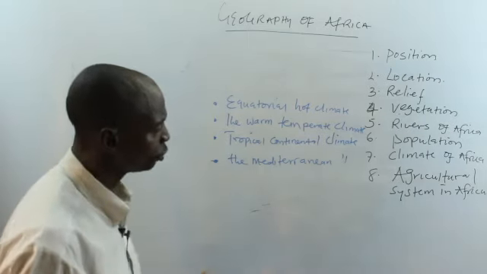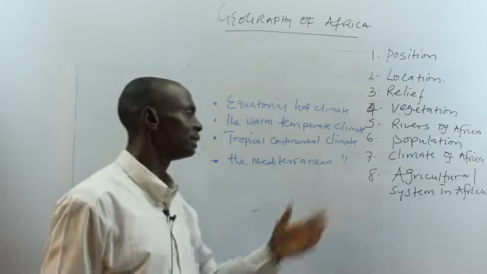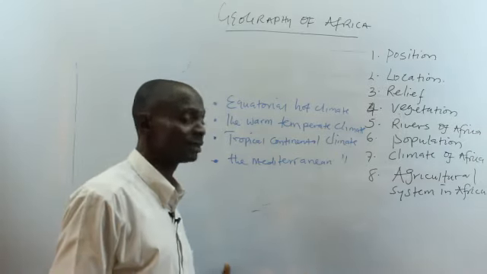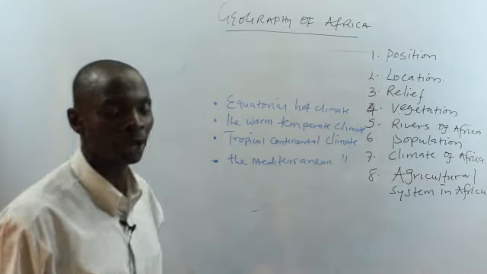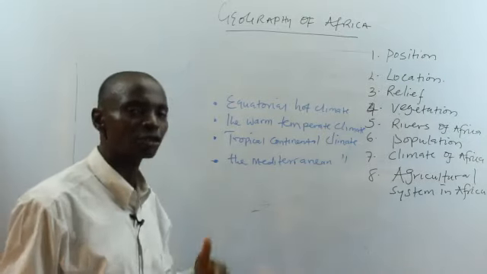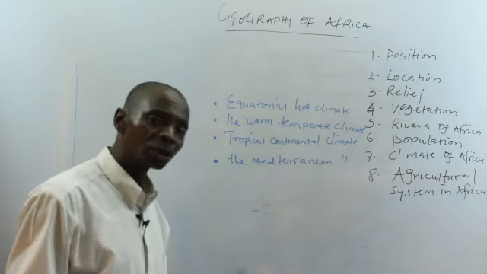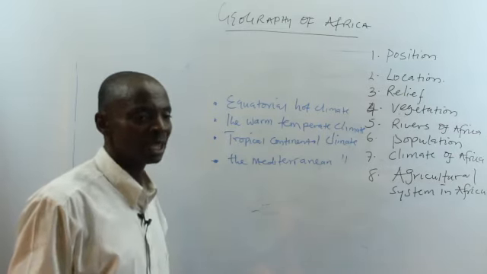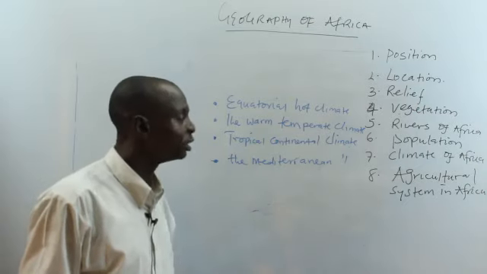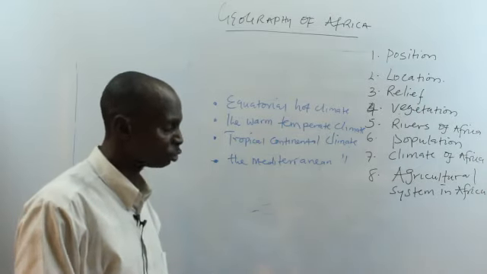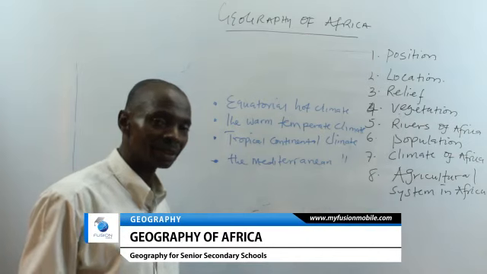Now, where we are going to spend much time is the agricultural system in Africa, and we are going to take the agricultural types and where they are practiced, what are the contribution, challenges, and importance of this system of agriculture as it is being practiced in Africa.